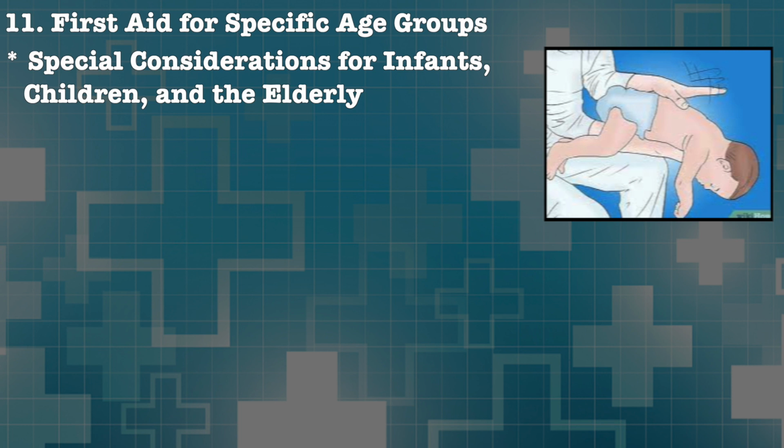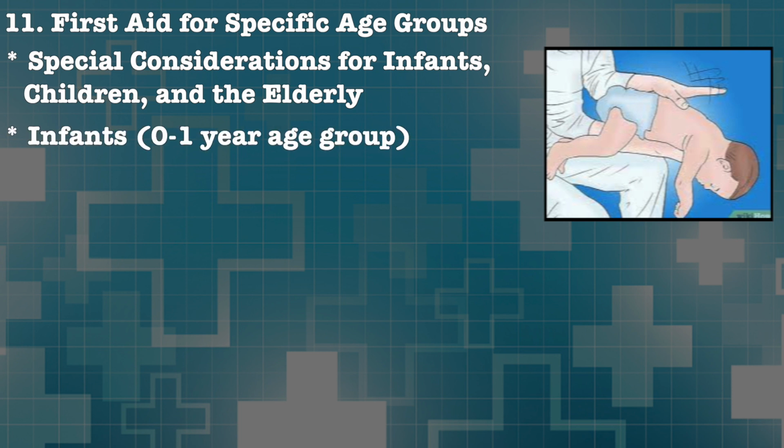Here are some special considerations for infants, children and the elderly. First we will see infants, at the age group of about 0 to 1 year. First step, handle the infant gently and support their head and neck because they cannot control their heads.